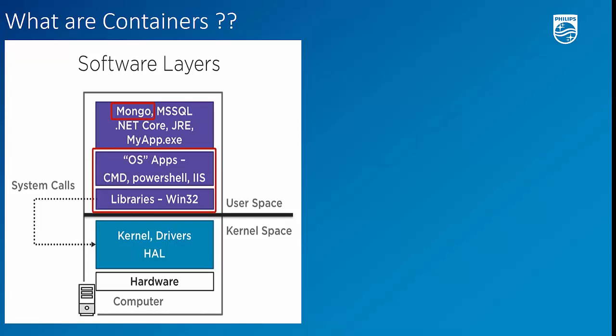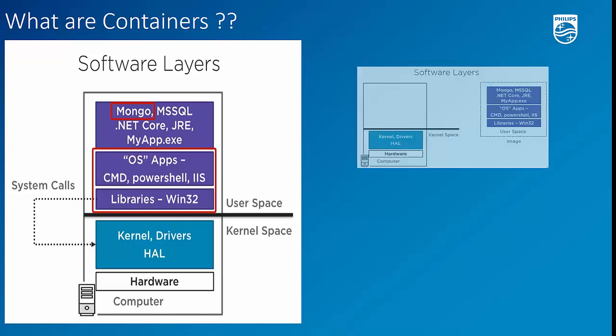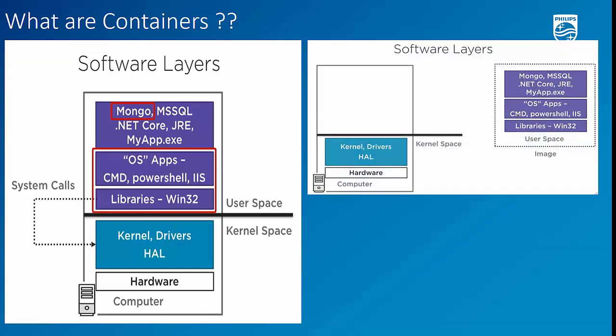So now going into these compartments, what containers have done is basically taken the topmost portion here. If you take out all the software layers except for the kernel, you actually get all your applications, the OS applications, and the OS itself, basically all the Win32 libraries, except for the kernel, the drivers, and then the hardware related stuff.